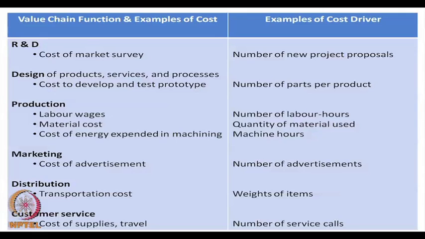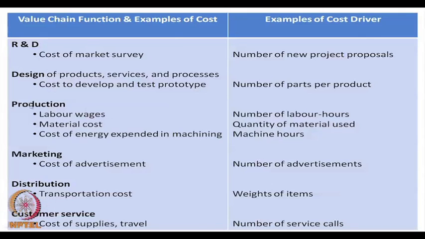So, these basic value chain aspects, R&D, design, production, marketing, distribution and customer service, each add value to the product as it goes from an idea stage in R&D to the final stage of the item being used up by the customer.